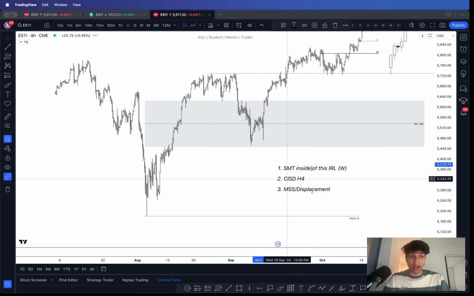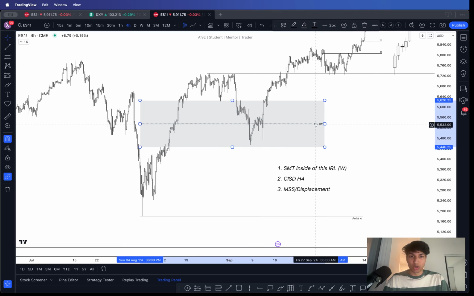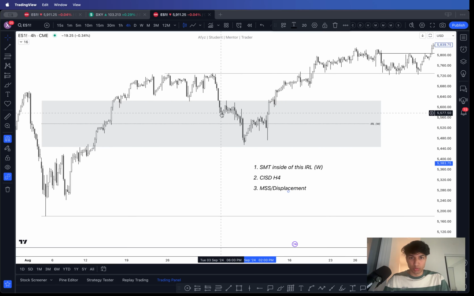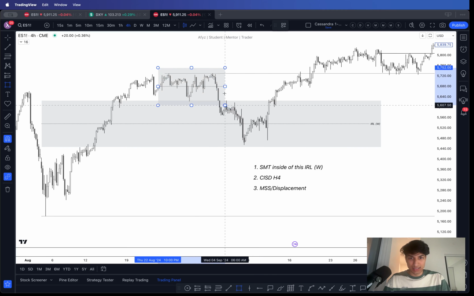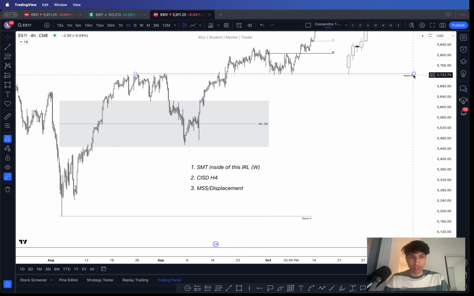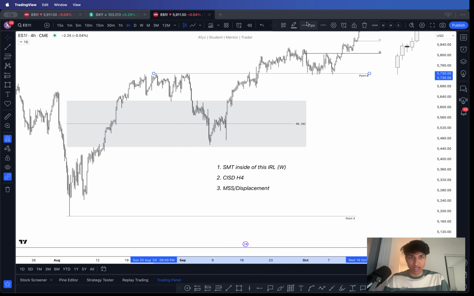These 3 criteria or characteristics are going to define the short-term reversal that is happening that will eventually act as the buy side of the curve to target this original consolidation, which is going to be point B, that weekly external range high.